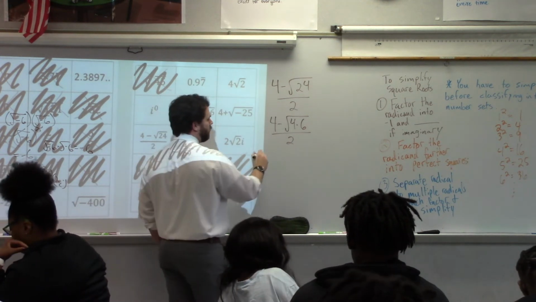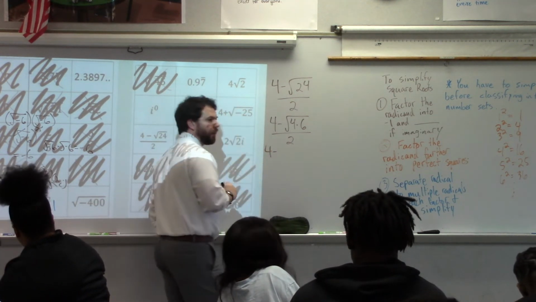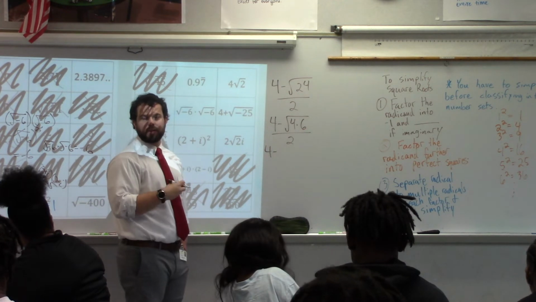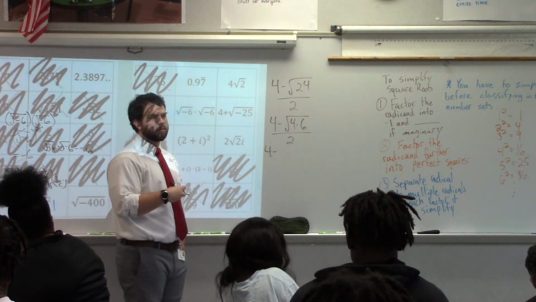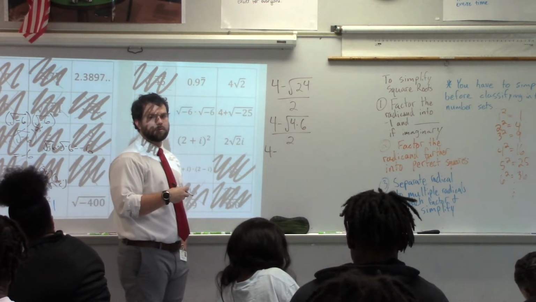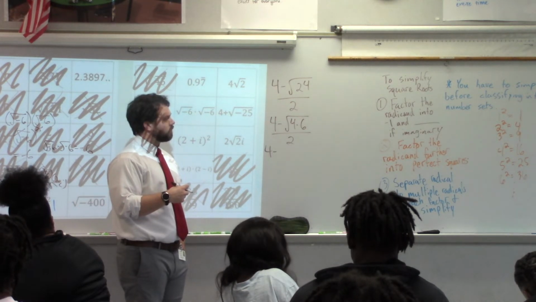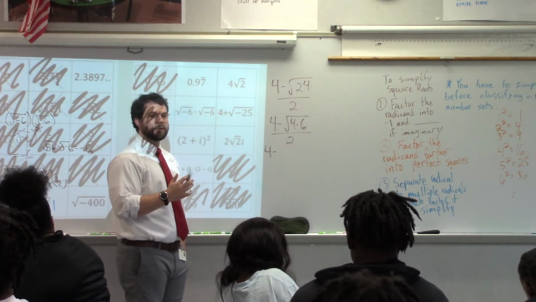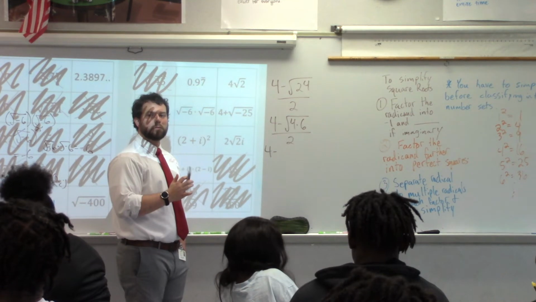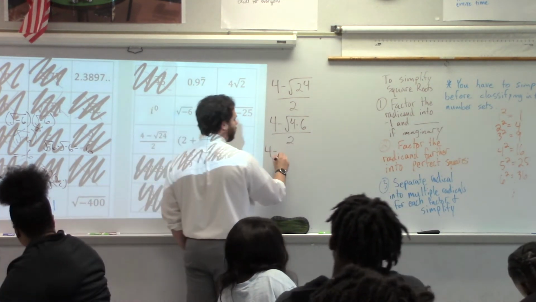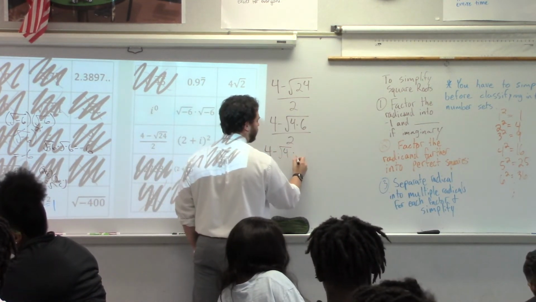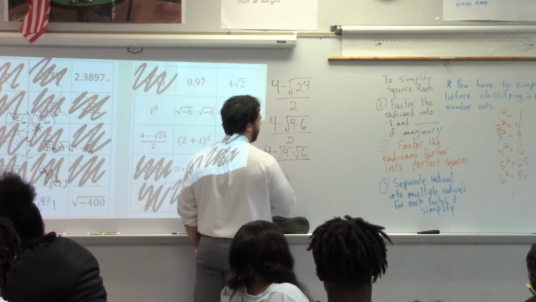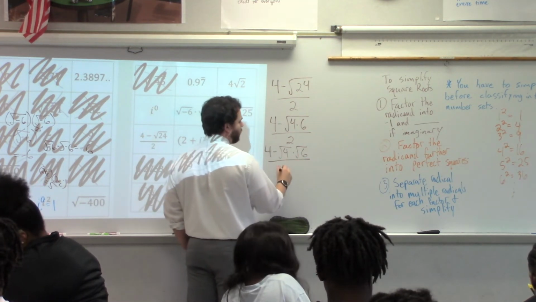How would I rewrite that to be able to simplify things? Look at step 3. Square root of 4 times square root of 6. We're going to separate that one radical into multiple radicals according to the factors.